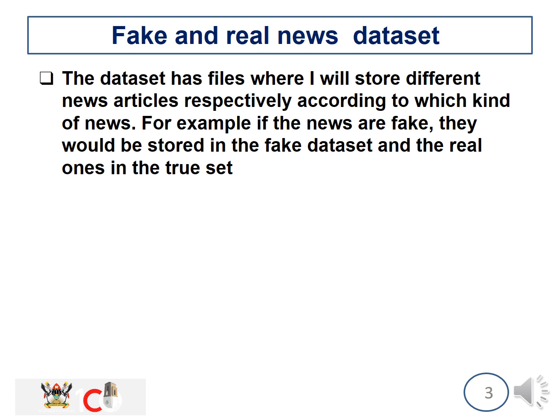I'll be writing the fake articles into the fake CSV, and the real articles into the true CSV. This way it can help inform people: when someone posts and uses this detector, it can tell them whether the thing is fake or real.